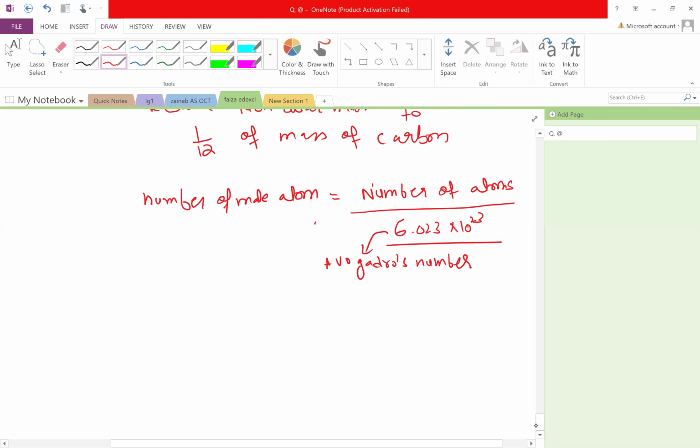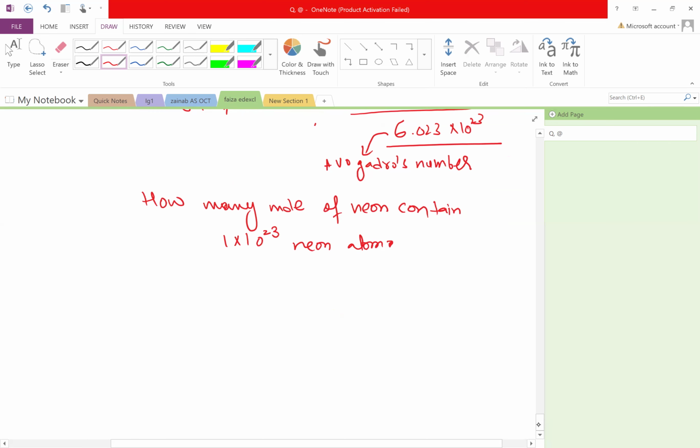Okay, now let us see one question. I'm writing the question: how many moles of neon contain 1 into 10 raised to power 23 neon atoms? Now you have to find the number of moles. What formula are you going to apply?